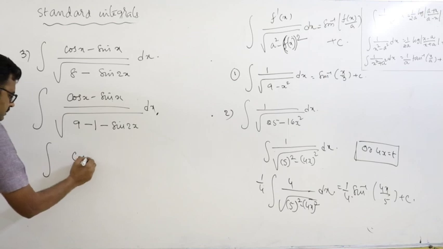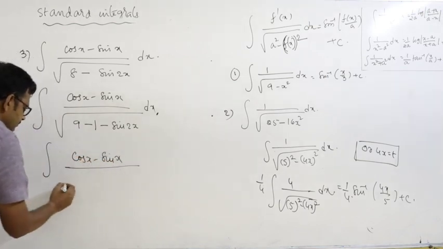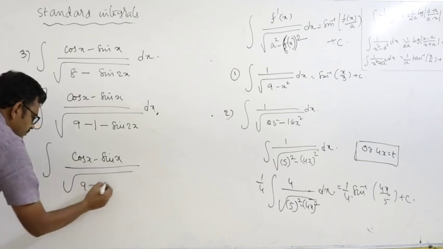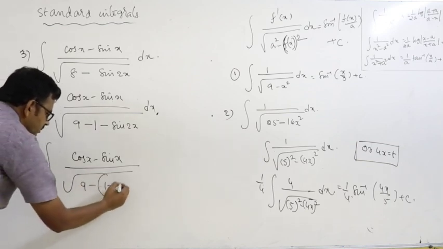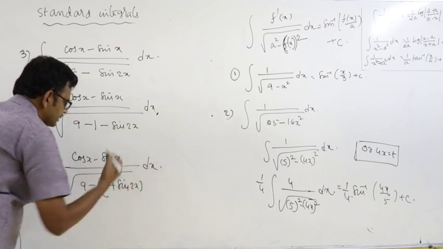Integral of cos x minus sin x by root of 9 minus of 1 plus sin 2x dx.